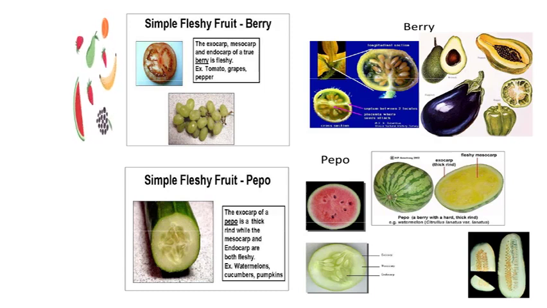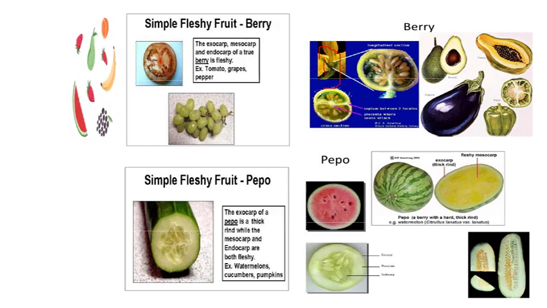So here in berry we have the example of tomato. Here this is the outer layer of tomato, that is the epicarp.